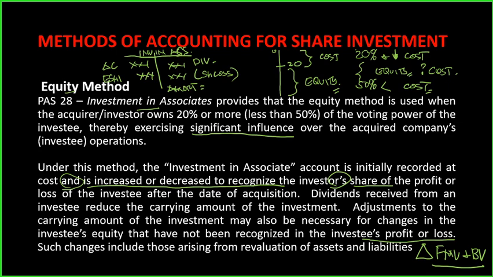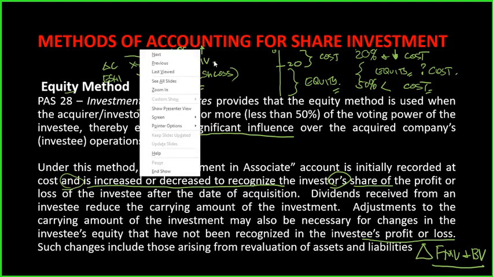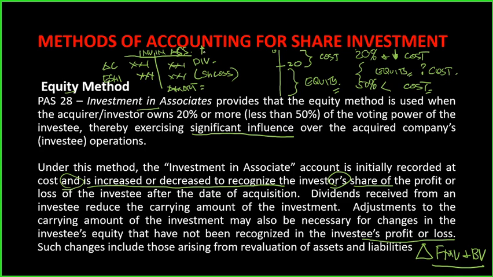Okay, so this is one of the reasons why the equity method is considered to be a better method, because it's going to reflect the performance of the subsidiary in this account. What does that mean? If this account is increasing, so after some time, lumaki siya, it means that the equity or the performance of the subsidiary is also increasing or improving.